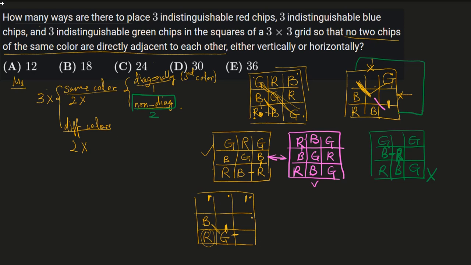Or the two green chips can be in these two squares, which are labeled as number 2. And we have a third possibility, which is in these two squares, labeled with number 3. And you'll see that only these three possibilities are possible. And let's analyze that one by one.